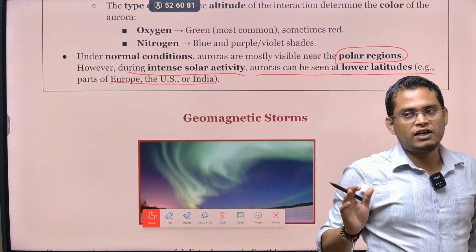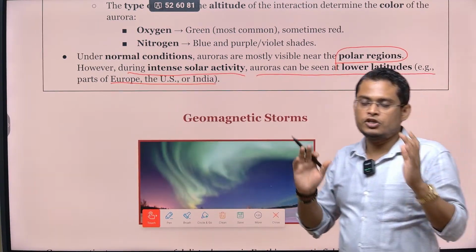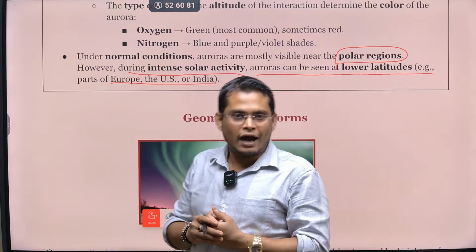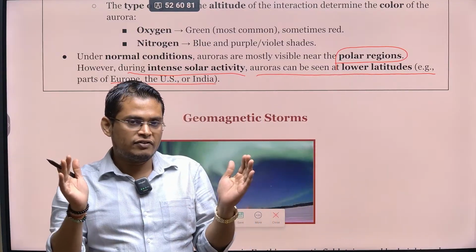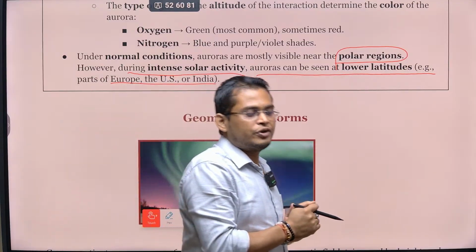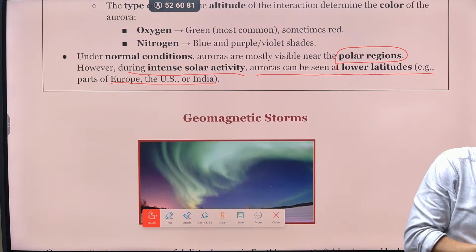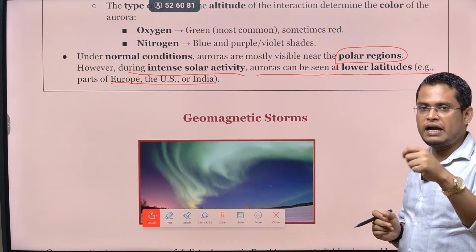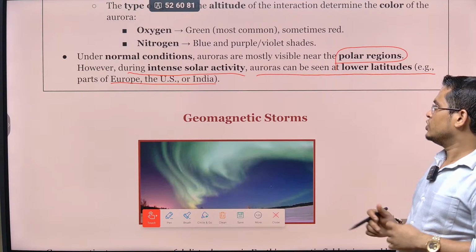Whenever the sun is emitting a lot of charged particles towards earth, at that time earth's magnetic field becomes a little bit weak, and because it is weak, the charged particles try to enter within the earth. So that is what happens.